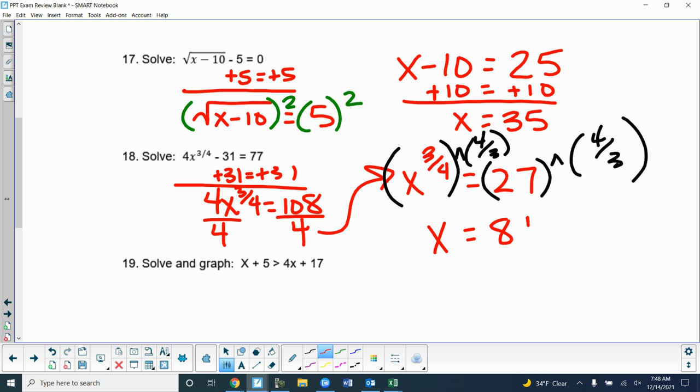You guys remember? In the beginning, we were supposed to look at this to see if it was odd or even. Okay? What kind is that? What's 3/4? Is that an odd or an even number? Odd. Okay? So we don't have to worry about when it's even.